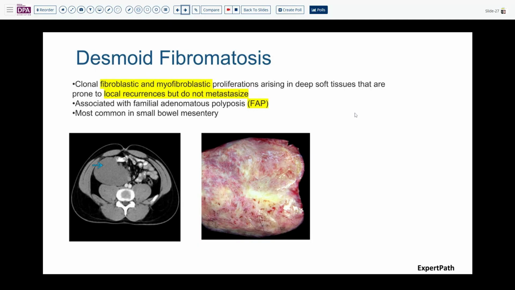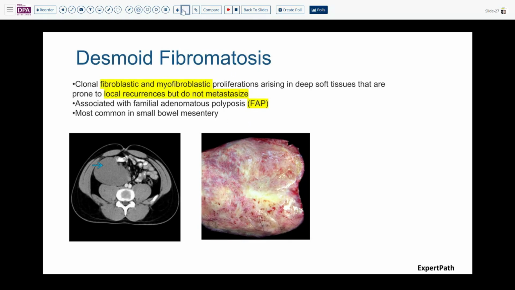So the last entity I'm going to talk about is desmoid fibromatosis. This one is a combined fibroblast and myofibroblast proliferation, usually in the deep soft tissue, but you can also see it in the abdomen. The CT scan shows this mass, and the cut surface shows some hemorrhage and a fibrotic-looking surface, sometimes associated with FAP.